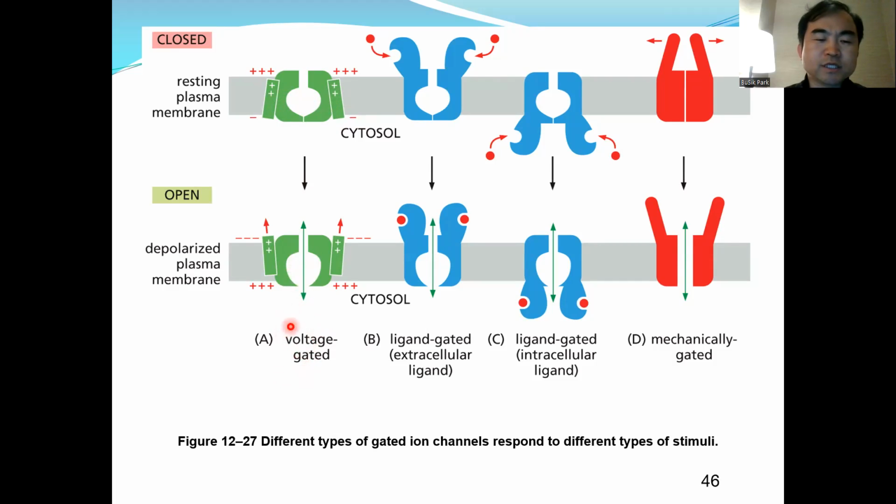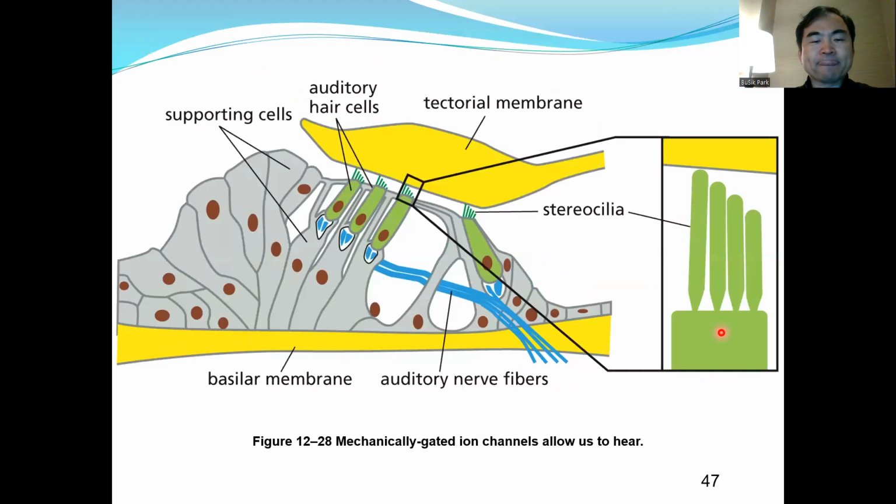Another one is ligand gated: the ligand binds, and then the channel opens. There are extracellular ligand-gated channels, where the ligand is outside, and intracellular ligand-gated channels, where the ligand is inside. And this one is mechanically gated, responding to mechanical force.